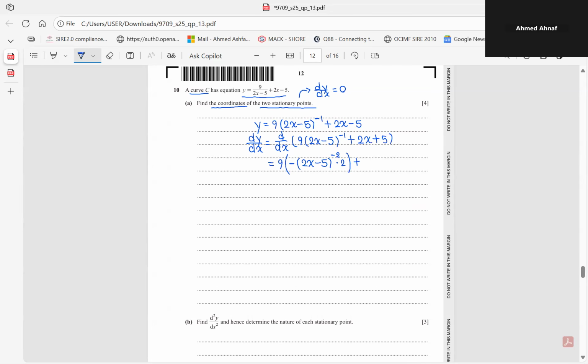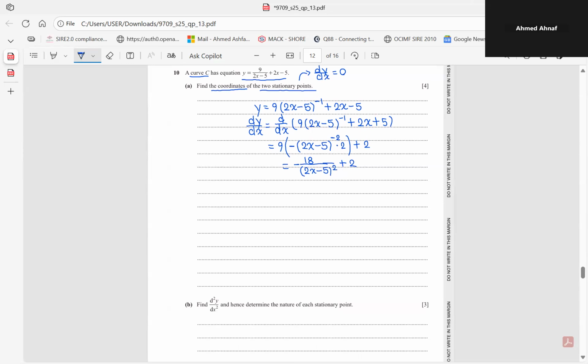Differentiating 2x, you'll get 2. Differentiating 5, you'll get 0. So this would just be 9 times negative 2, which is negative 18 over (2x minus 5) squared, because (2x minus 5) to the power of negative 2 is the same thing as 1 over (2x minus 5) squared. Then plus 2.